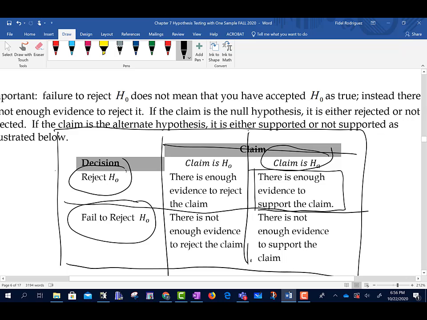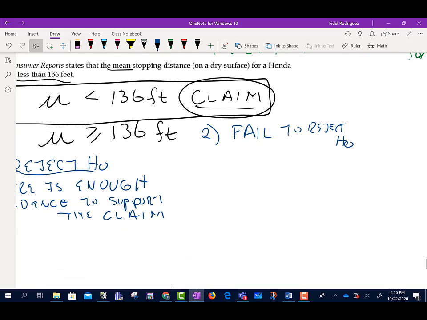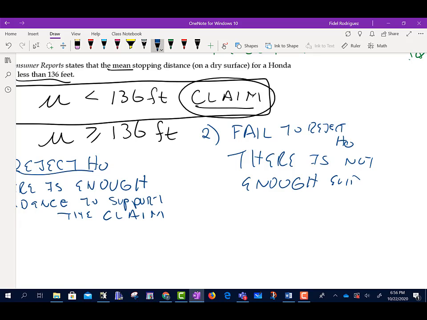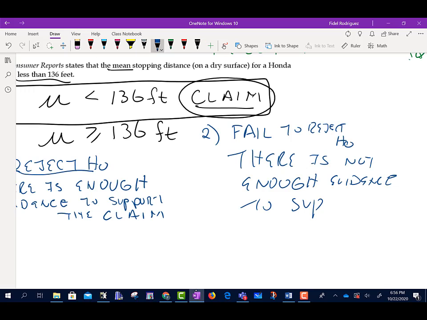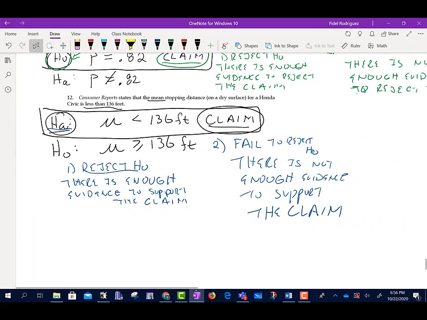We're now going to say there is not enough evidence to support the claim. And that right there is 7.1.